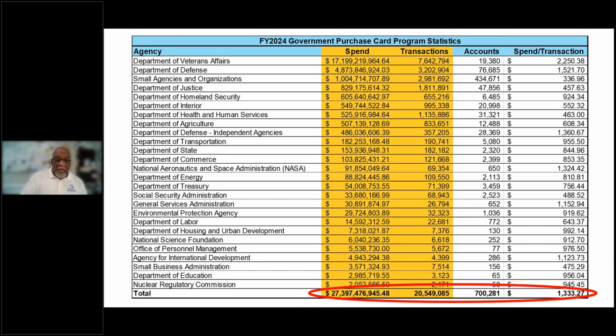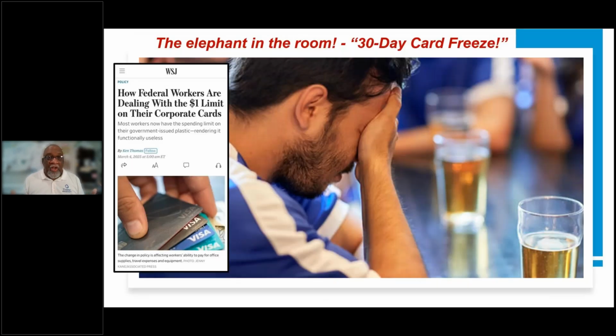We can't forget the elephant in the room: the 30-day card freeze, coupled with a significant number of card cancellations and cards that have had their limits set to $1. The last DOGE count that I saw was a reduction of 100,000 purchase cards. There are a lot of other cards, fleet cards and travel cards.